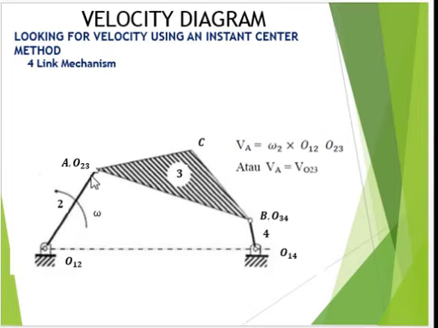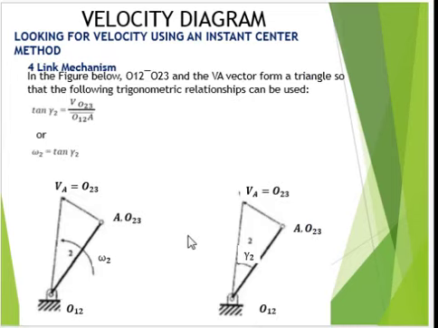This is the radius for the velocity at point A, or VA equals VO23. For link 2, we can take an angle from omega 2.